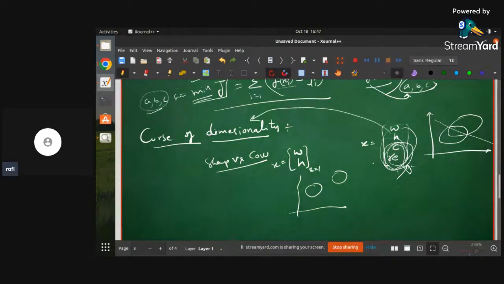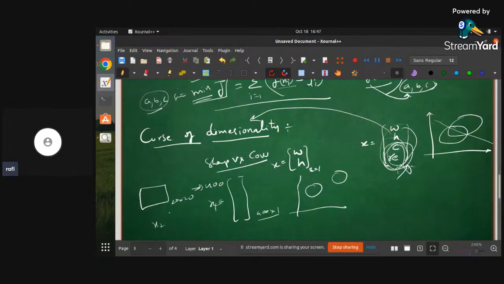For example, if you have a 20 cross 20 image, that means 400 values. All those 400 values you put as a vector, which is a 400 cross 1 vector. This is one image, x1, let us say.